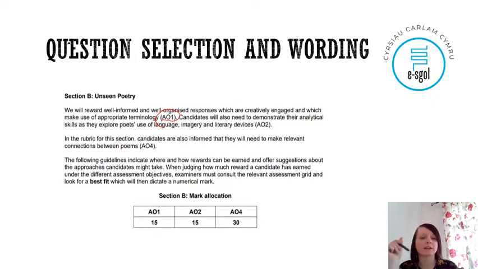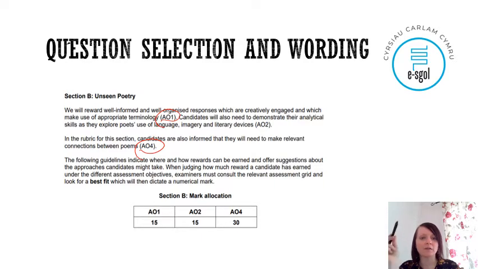In the rubric for this section, candidates are also informed that they will need to make relevant connections between poems, so making the links between the poems that are given to you. Looking at connections, comparisons, things which are similar, things which are different quite possibly. That's your AO4. The following guidelines indicate where and how rewards can be earned.